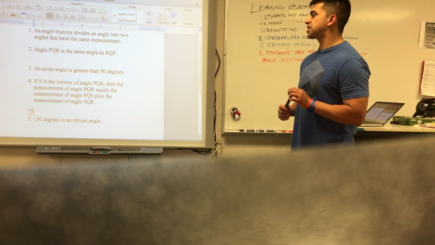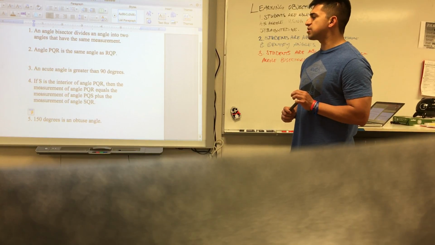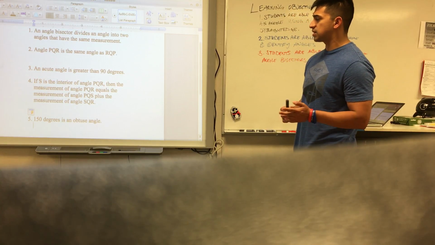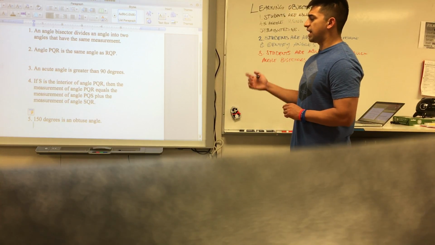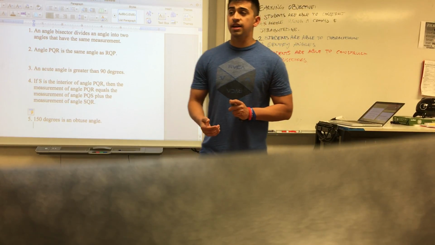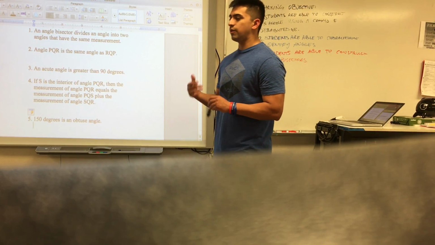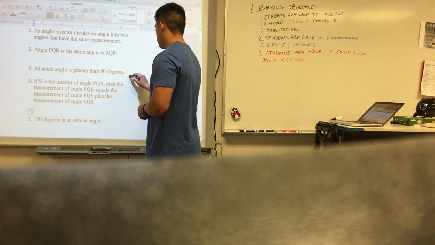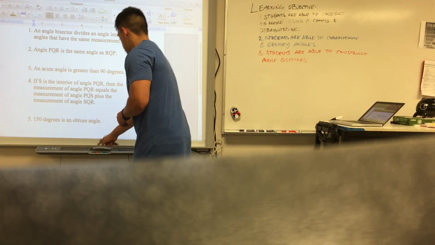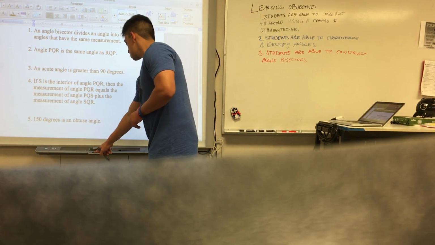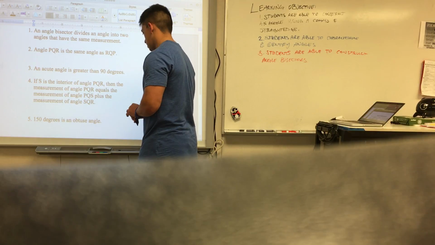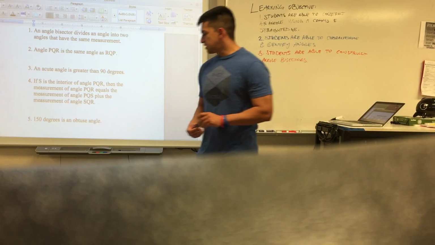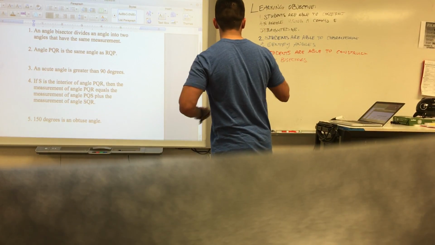If S is in the interior of angle PQR, then the measurement of angle PQR equals the measurement of angle PQS plus the measurement of angle SQR. This has a lot in it, so let's draw a visual so we can see what they're talking about. We're having a little malfunction with the smartboard, but let's draw it here.